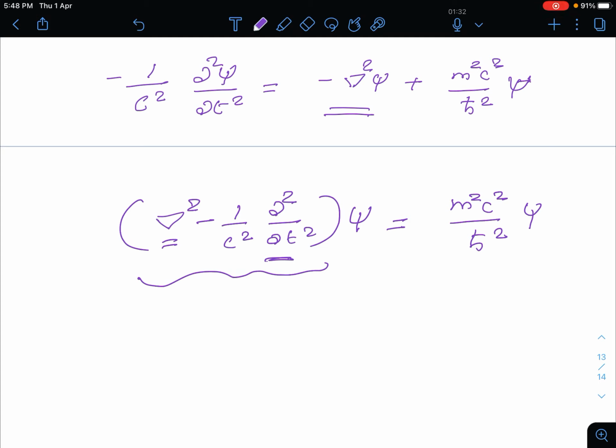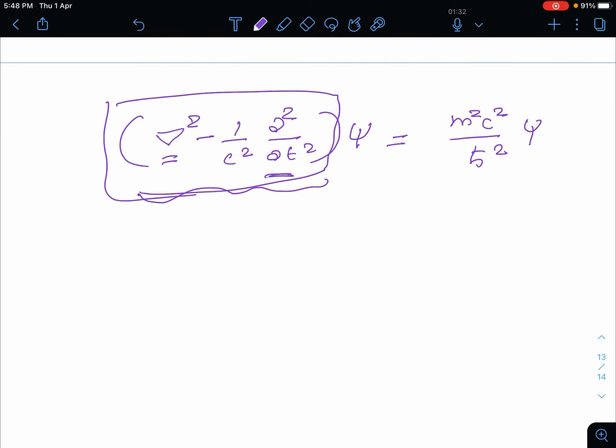So the operator in the bracket plays a crucial role in relativity, and it can be considered a single operator, usually represented by a square. The entire operator is called the D'Alembert operator.